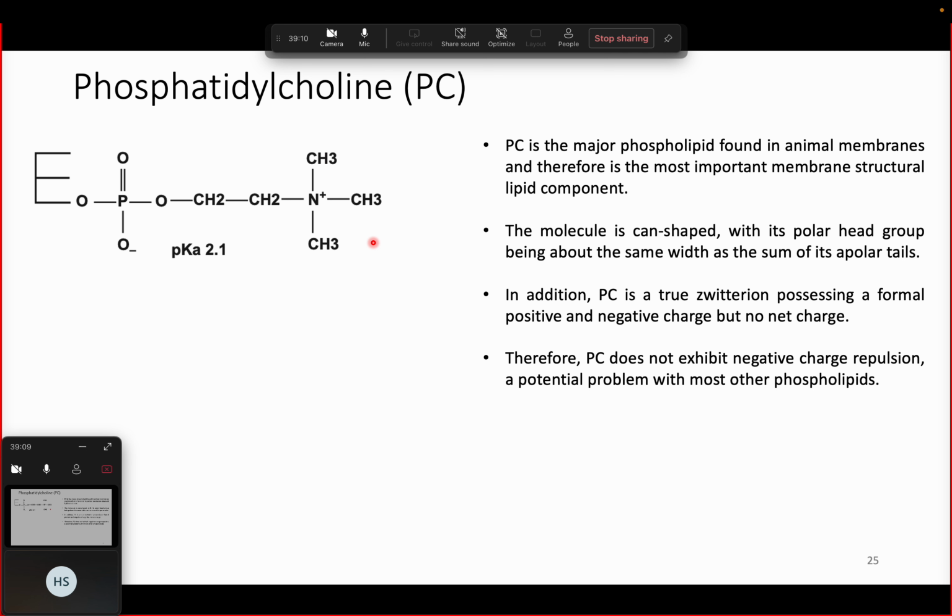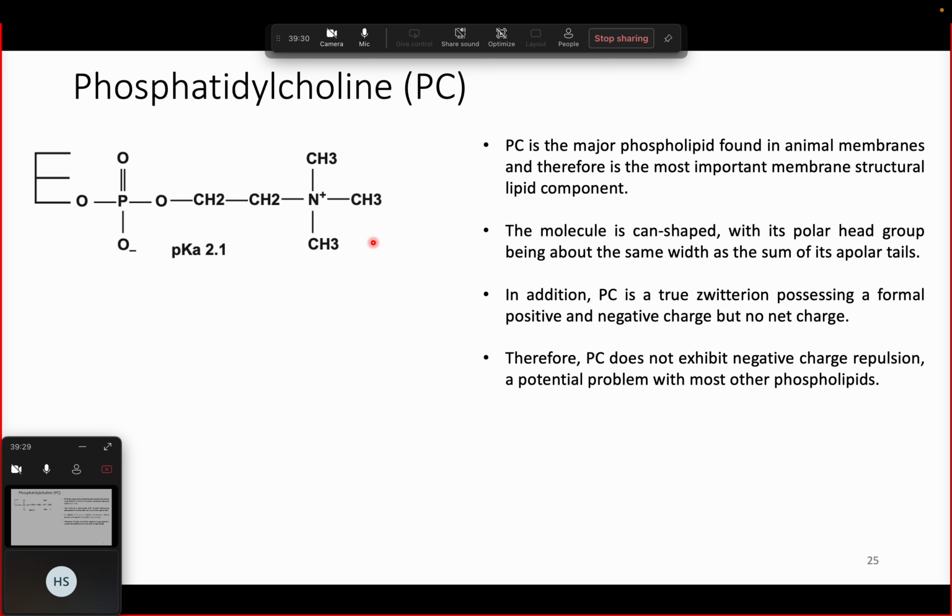Okay, so PC is the major phospholipid found in animal membranes, and therefore is the most abundant membrane structural lipid component. The molecule is can shaped, with its polar head group being about the same width as the sum of its apolar tails.